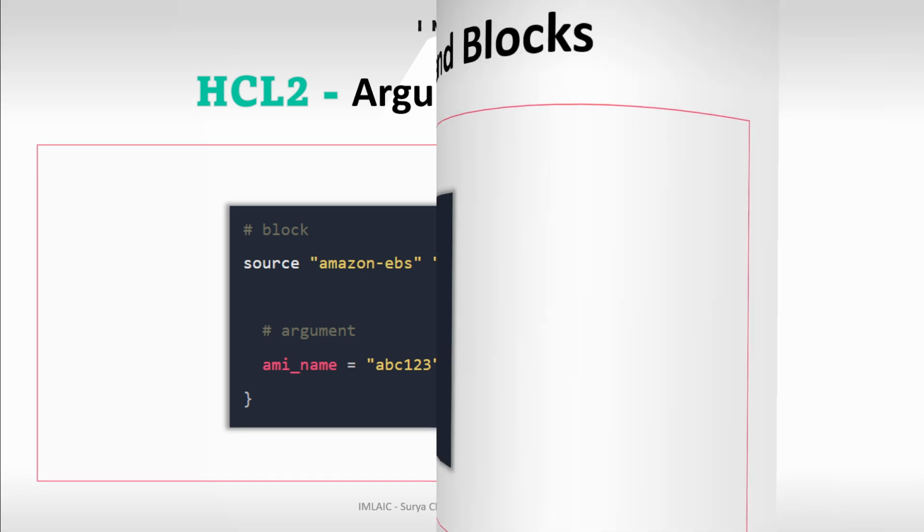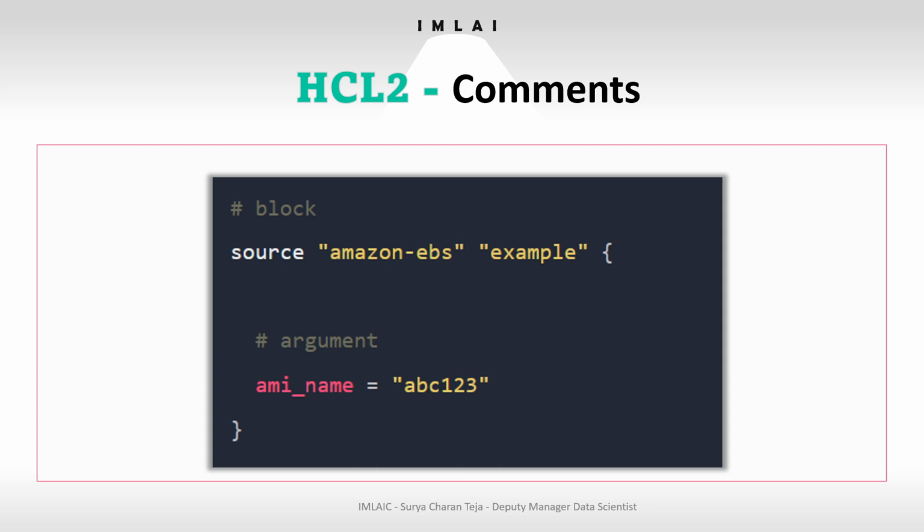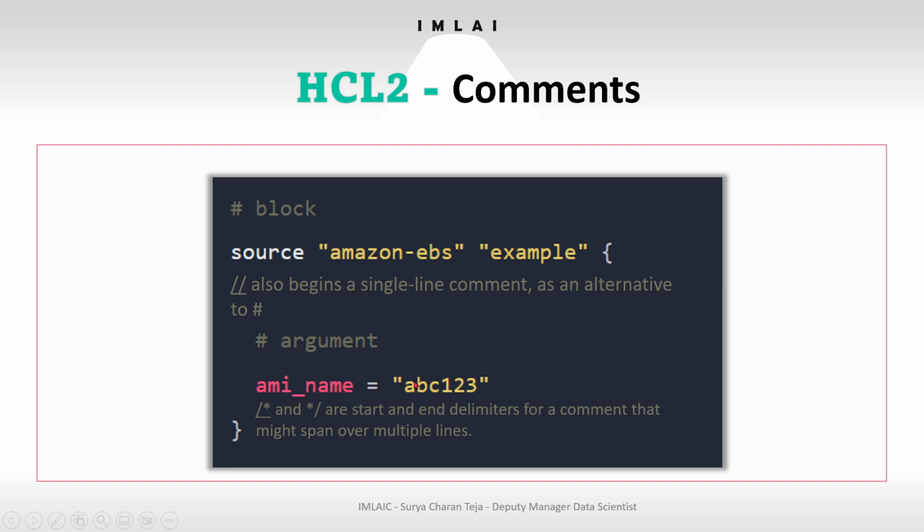Then we will look into HCL comments. We can add HCL comments here. For that we use either a double forward slash, or a pound symbol, or a forward slash asterisk and an asterisk forward slash.